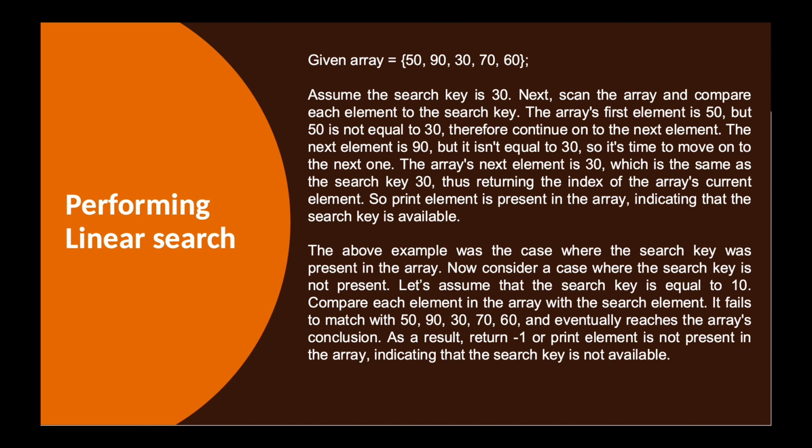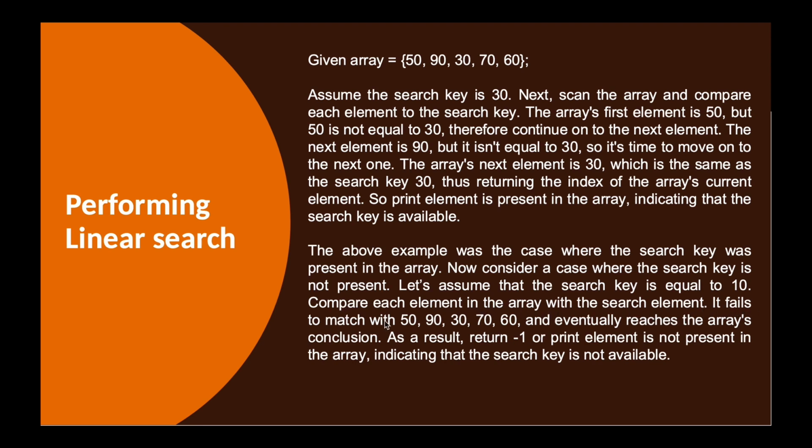Okay, now let's go to the second paragraph. The above example was the case where the search key was present in the array. Now consider a case where the search key is not present. Let's assume that the search key is equal to 10. Compare each element in the array with the search key.